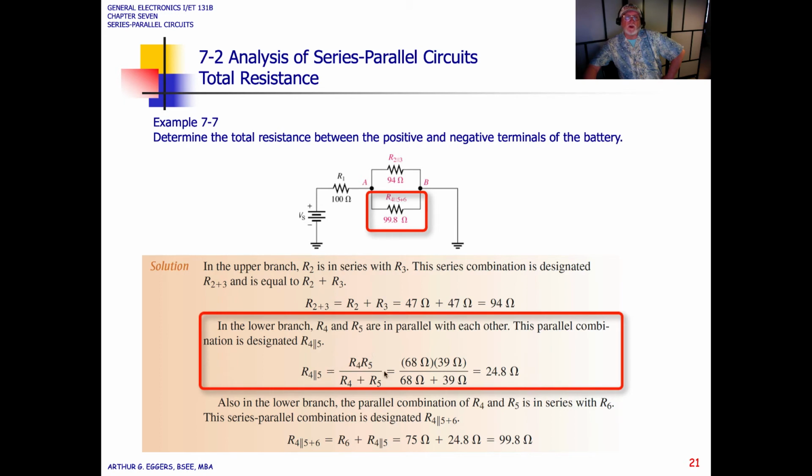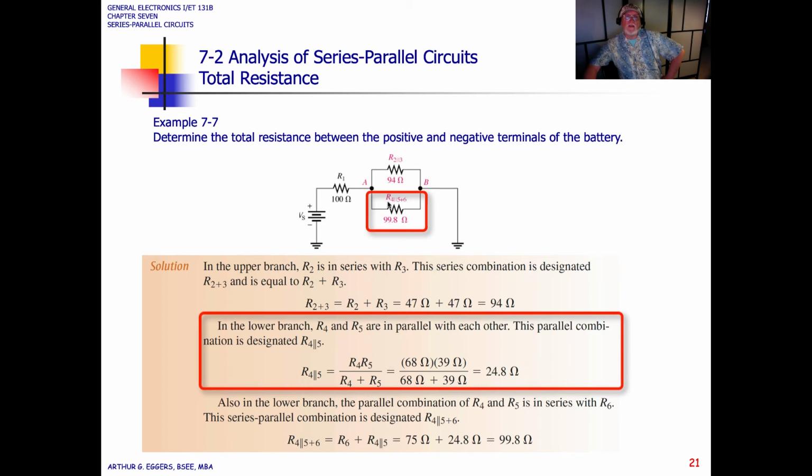So we use our relationship, the product over the sum: R4 times R5 divided by R4 plus R5, and we get 24.8 ohms total. So that forms each of these branch resistor relationships.